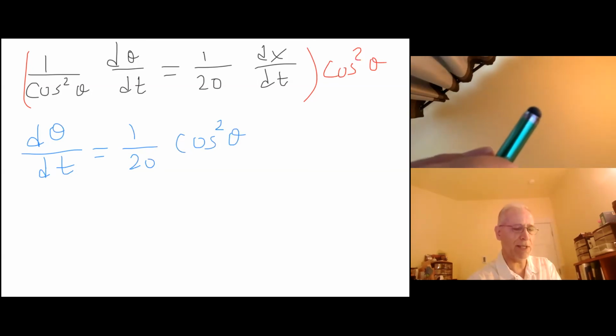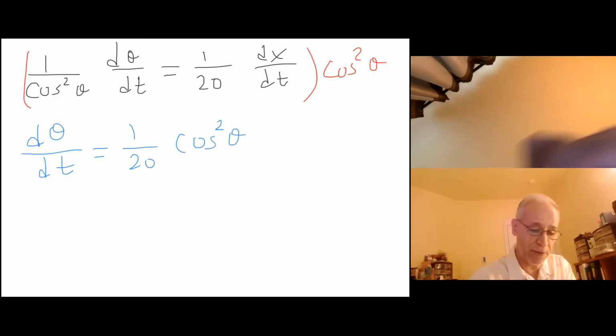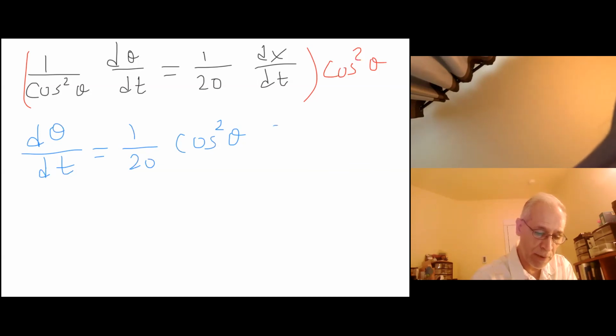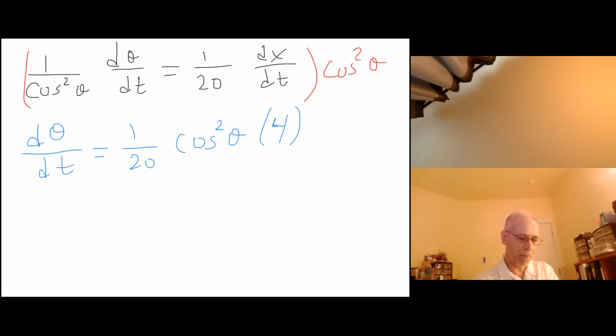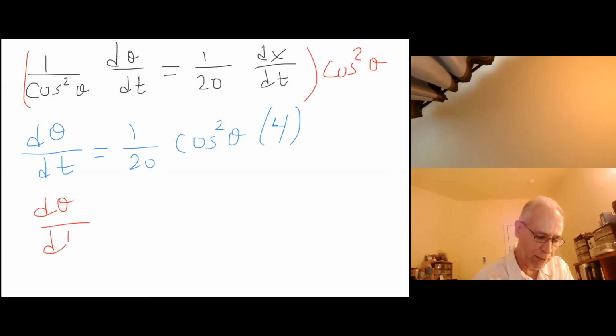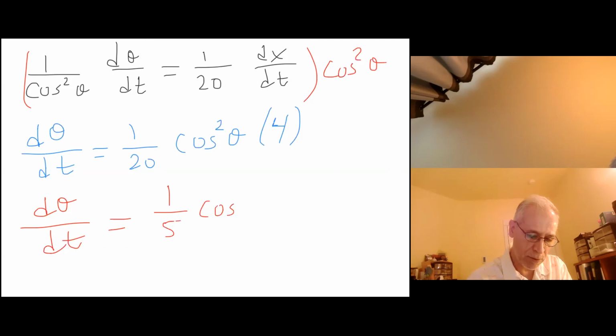And dx/dt was given to us as 4 feet per second. So I'm going to put times 4. Okay. So what can I do in here? I can do one baby simplifying and say that d theta/dt equals 4 cancels out with 20, 1/5 cosine squared of theta. But what is cosine of theta at that moment?